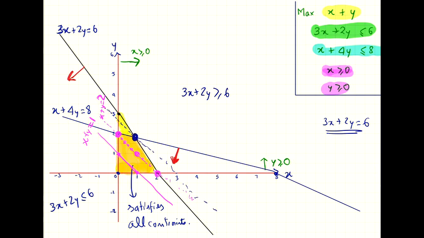This is x plus y is 2.25. If I look at x plus y is 2.6, it actually is still feasible at this corner, and that is, in fact, the optimal solution.